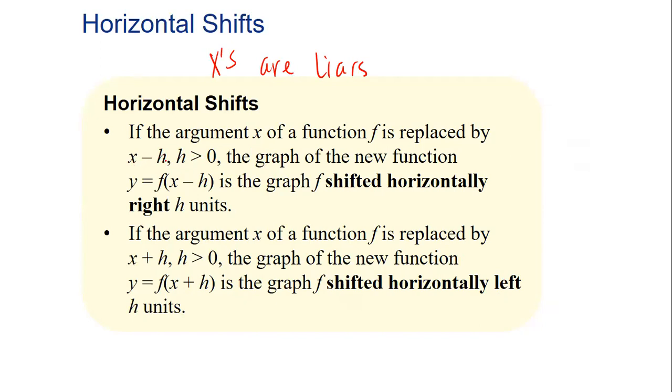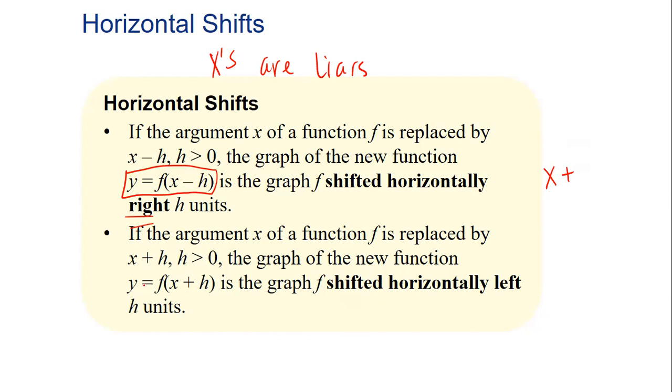So even though it says X minus, your H is already positive. So when we have Y equals F of X minus H, that's going to cause us to go to the right. The only way you can move a whole function to the right is by adding to your X's, right? If I want to go to the right, that tells me I have to add to my X values. Does that make sense? Even though it looks like I am subtracting, what am I actually doing? Adding that value to all of my X values.